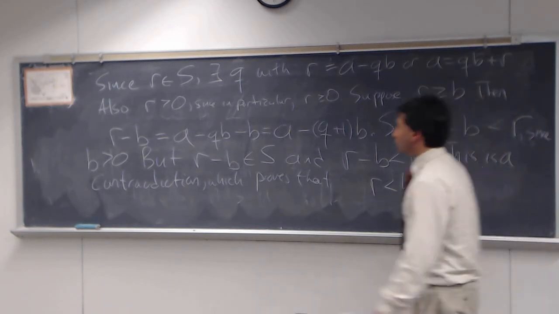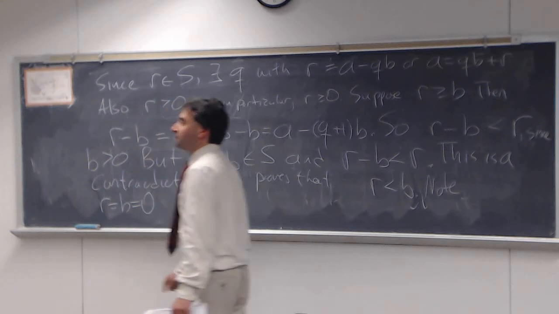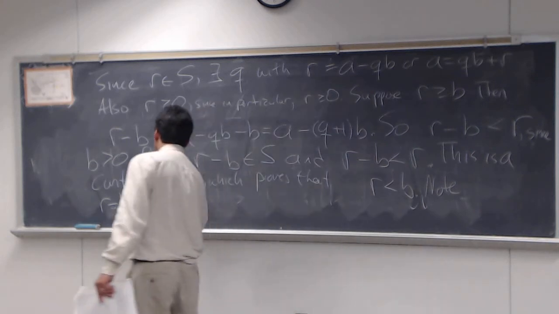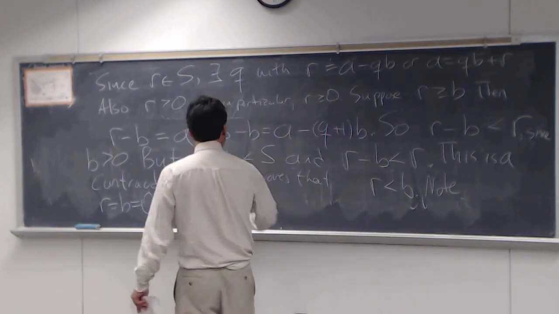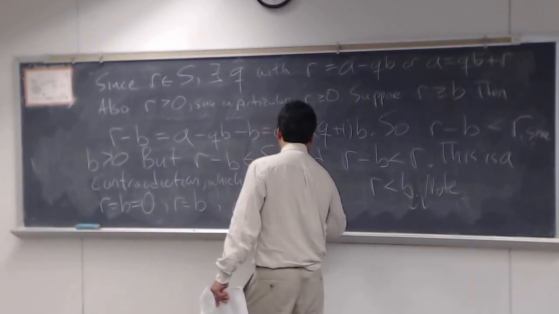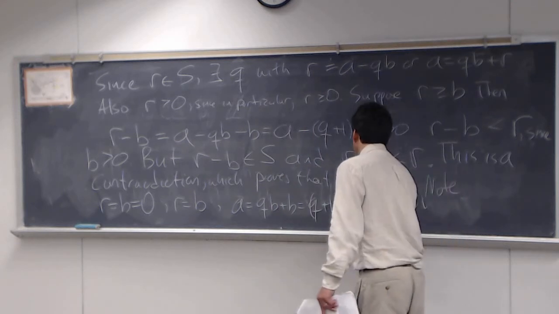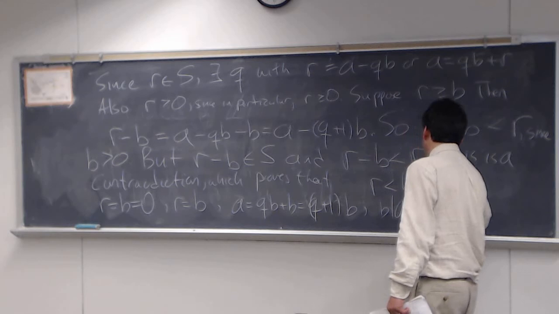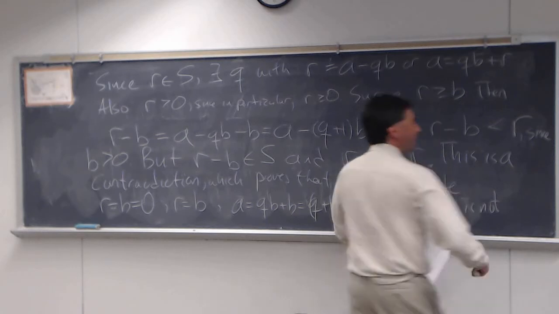Again, we could note that if R minus B is equal to 0, that says that R would equal B. So we have A equals QB plus B, which would be Q plus 1 times B, and that would mean B divides A, which is not the case.